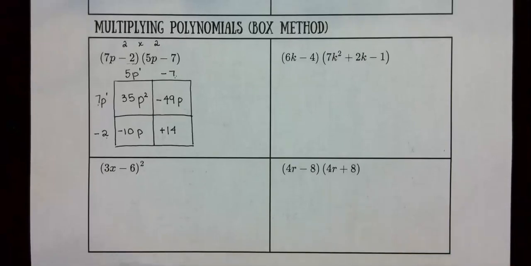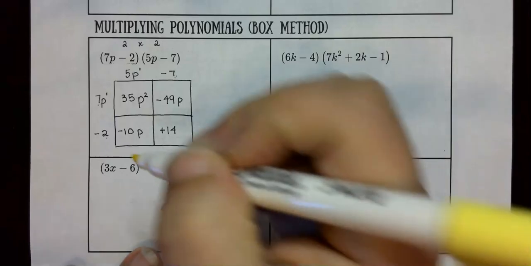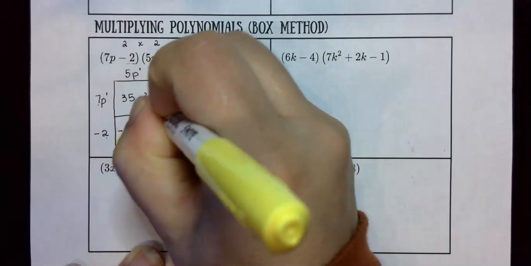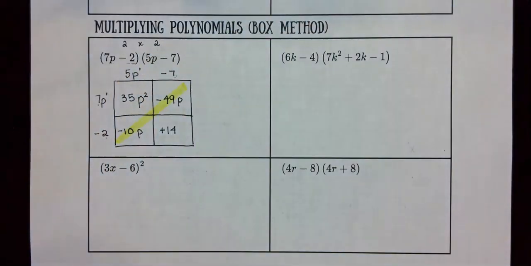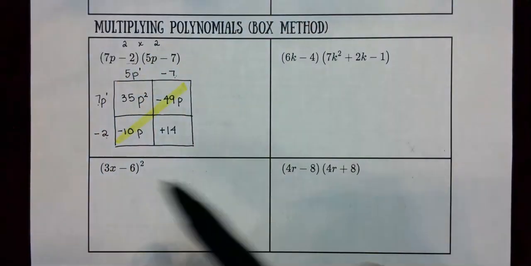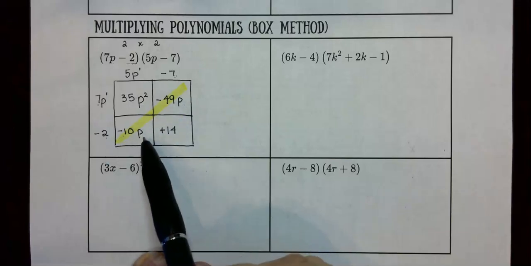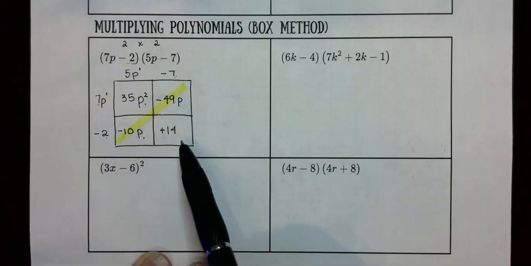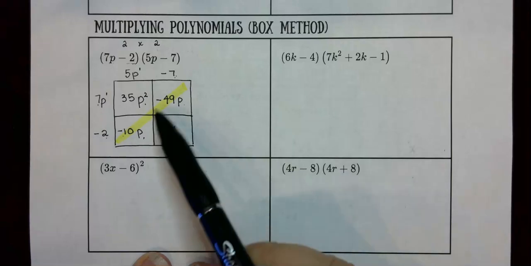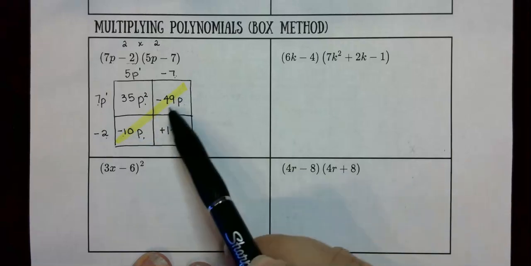But because we're dealing with a box, I'm going to tell you that your diagonal in the box is going to be your like term. So this is my diagonal right here. And notice that those two numbers, the -49 has a p, and the -10 has a p. This one has a p squared, and this one doesn't have one at all. So that lets us know that these two are the only like terms.